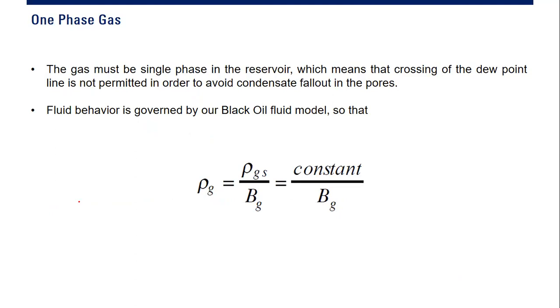First, with one-phase gas. The gas must be single phase in the reservoir, which means that the crossing of the dew point line is not permitted, in order to avoid condensate fallout in the pores. So you know about this one, the phase envelope. For example, here we have liquid and somewhere we have the critical point.